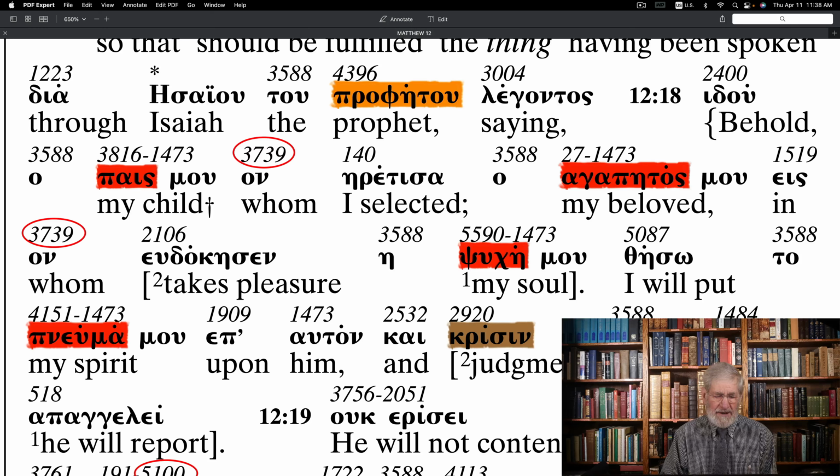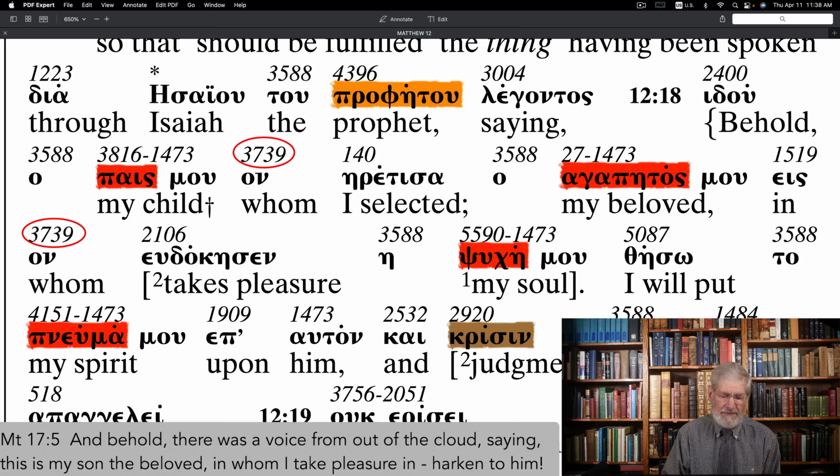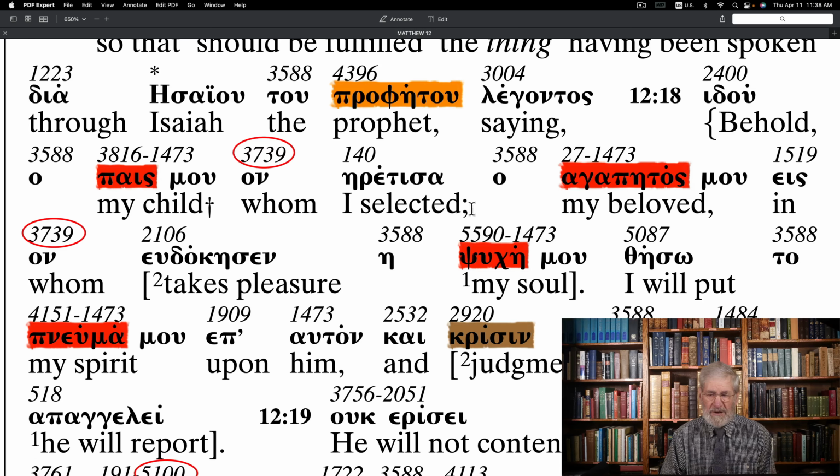And his beloved is in Matthew 17:5, where it says, "And behold, there was a voice from out of the cloud saying, This is my son, the beloved, in whom I take pleasure. Hearken to him." And then he says, hon eudokesen hE psyche mou, in whom my soul takes pleasure.